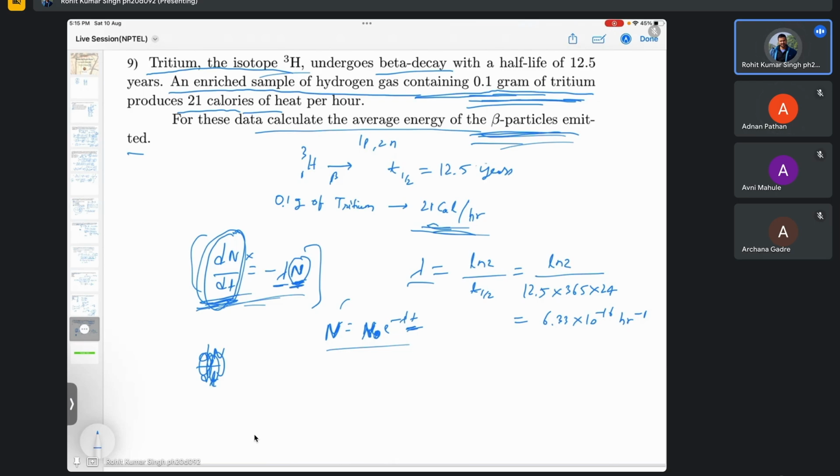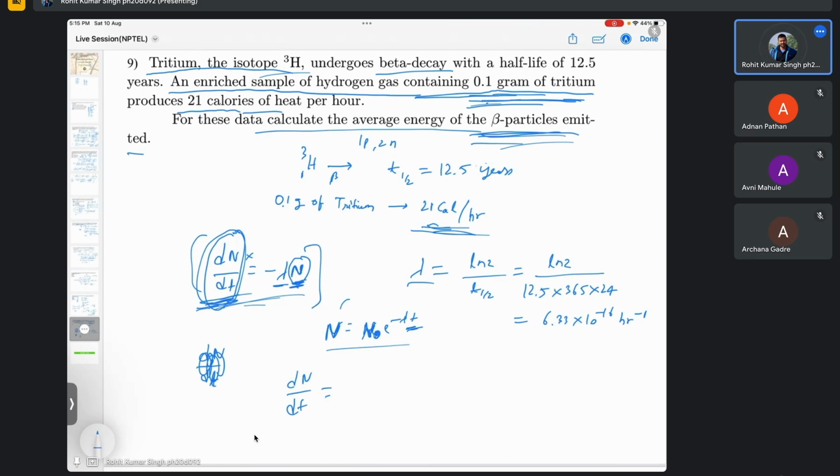So we can simply write dN by dt. First of all, how many atoms of tritium will be there in 0.1 gram of tritium? We know the molar concept, right?